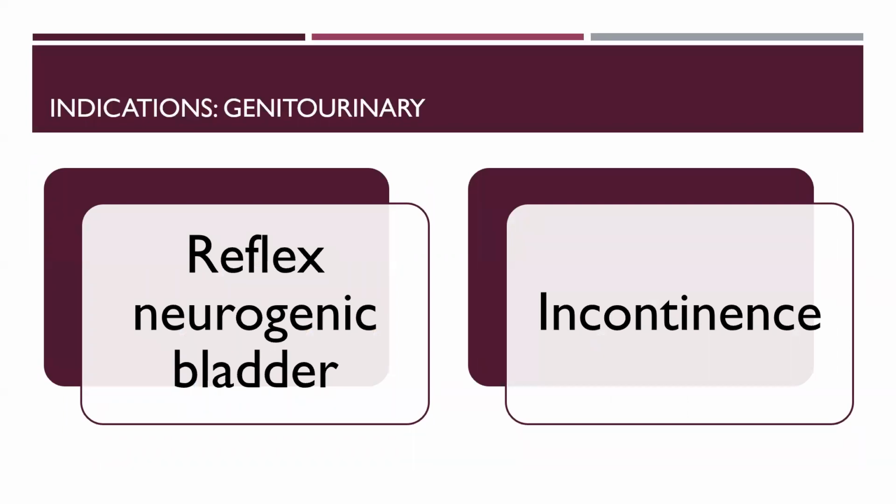For your GU, it can be used for things like incontinence and reflex neurogenic bladder. What you're really thinking about here is all of these disorders that cause somebody to pee a lot. You're going to give them a medication that's going to hopefully stop them from having as much.